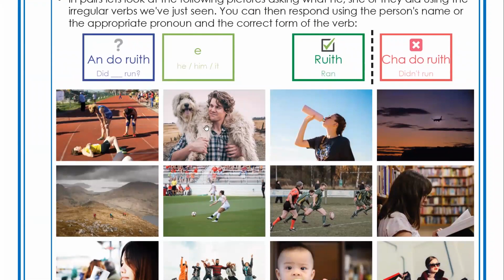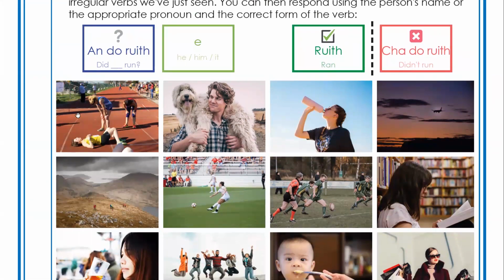So the answer will either be the positive or the negative form of the verb. So in this picture, an dyrwy iad. Did they run? Well, by every appearance they did. Rwy iad.